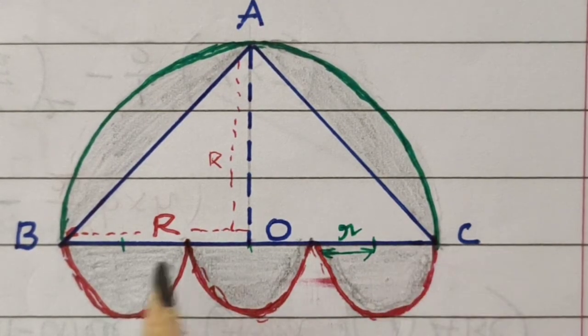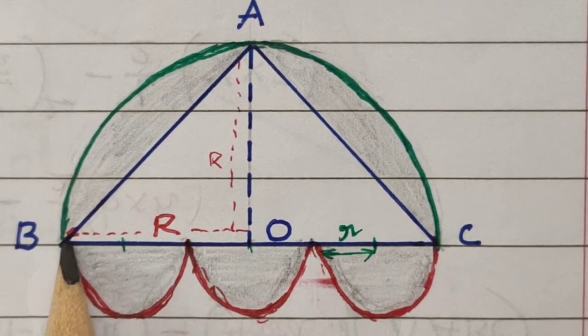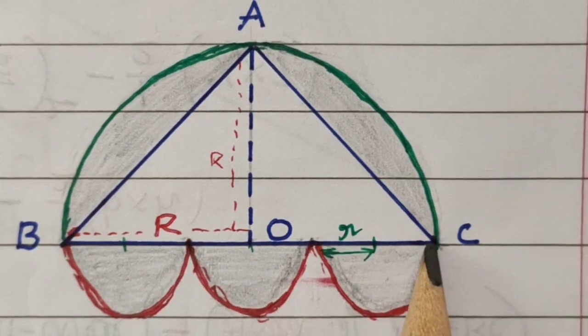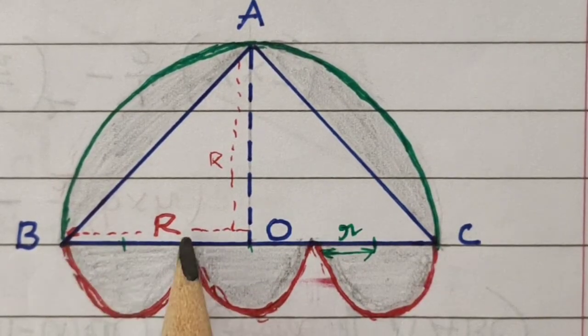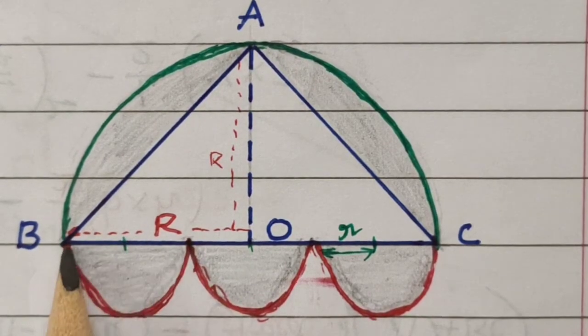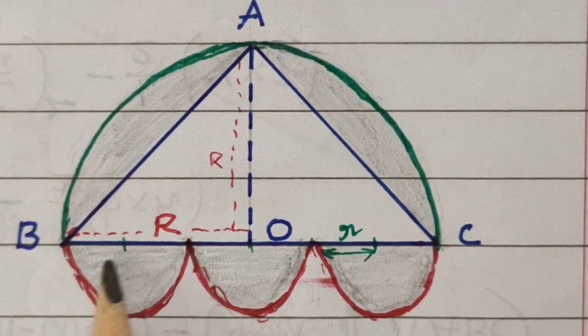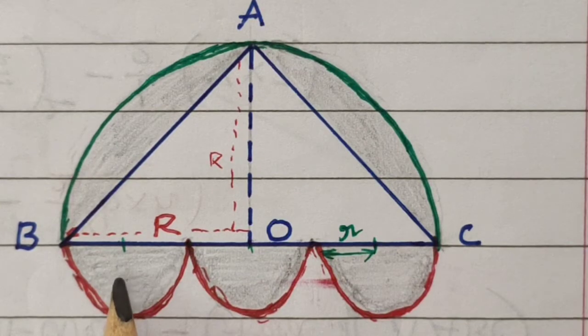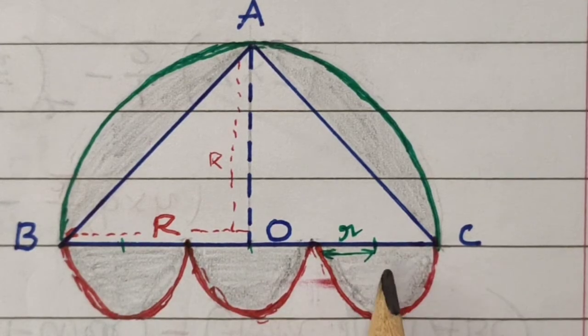So divide that into three parts, that will give the diameter of each small semicircle. When you divide that small diameter by 2, it will give the radius of this. So using that we can find out the area of these semicircles, and multiply with 3, we will get the area of this.